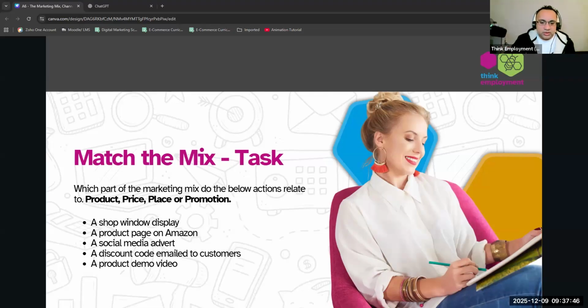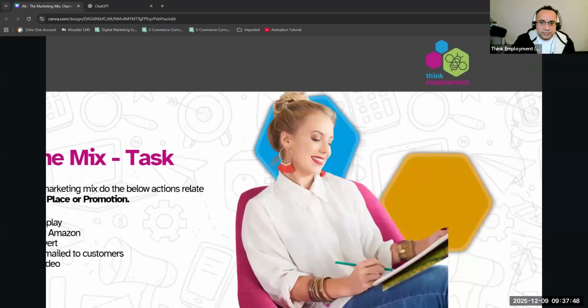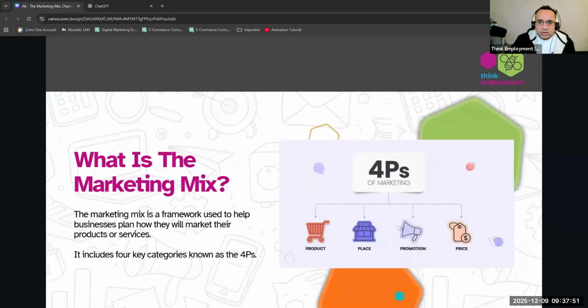Okay. So if we go forward now to the next slide. The marketing mix gives structure. It helps businesses think about every element that's needed to attract the customer and deliver value. In digital marketing, these four areas apply, but they look different because of technology, online behavior and automation.